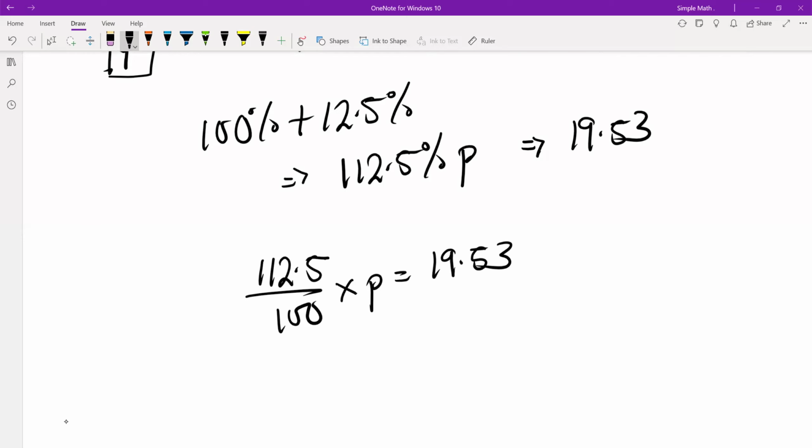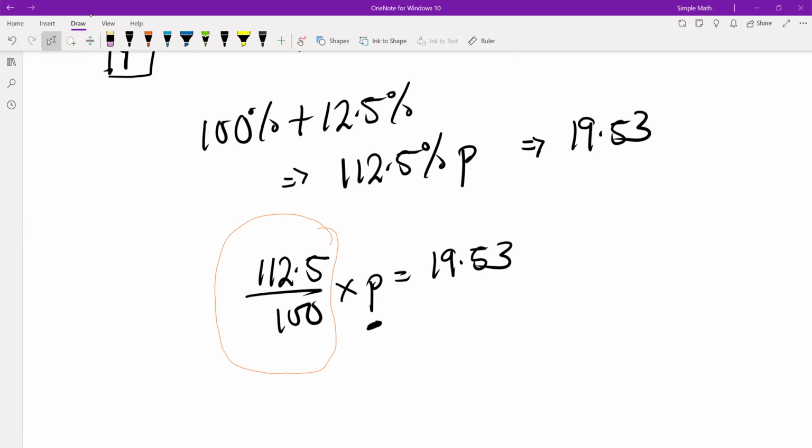We need to get rid of this 100, and we want P to be alone here. So what do we do? We multiply both sides by the reciprocal. We just talked about the reciprocal, so that we can now get rid of it.